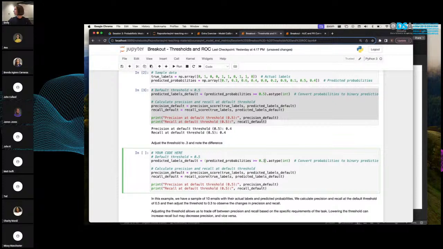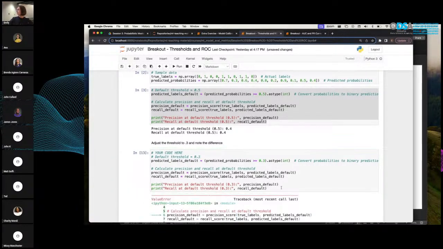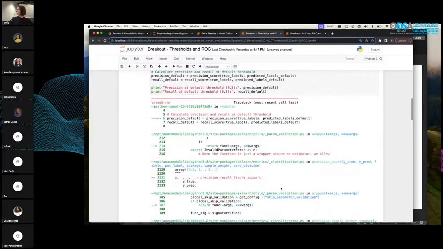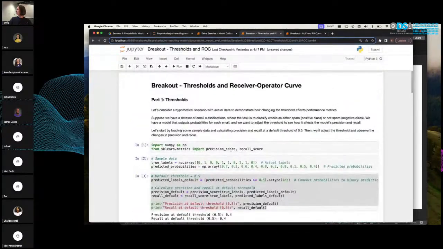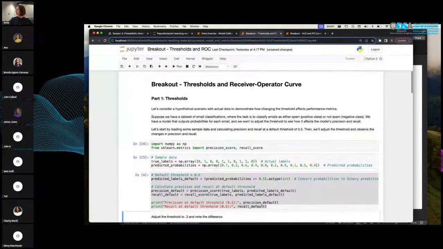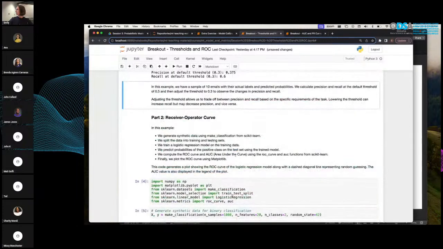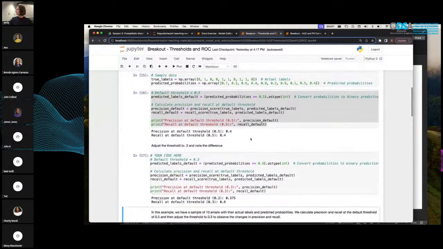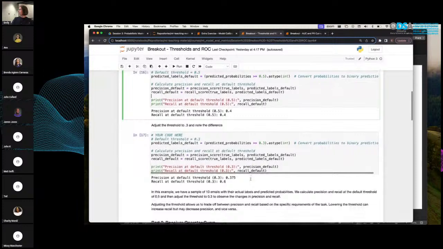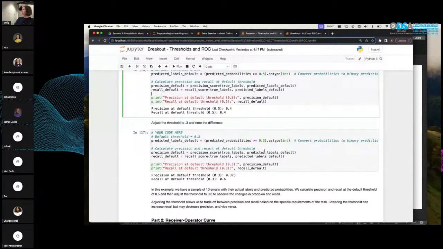It prints 0.3. Change the comment for completeness. Oh, I didn't run. I think I have to run my other cells. There we go. I just lost my loaded values here.